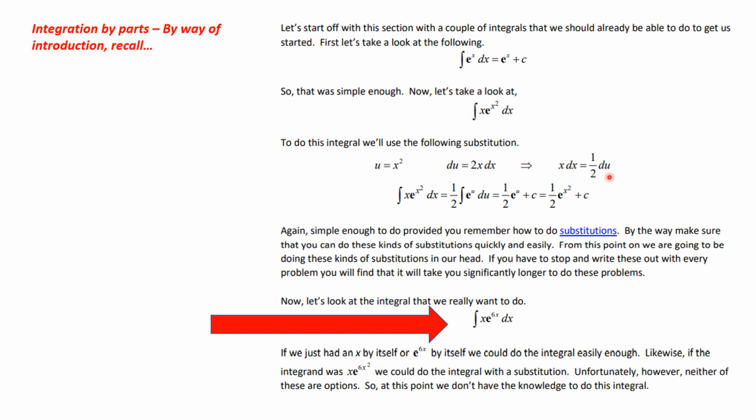So this integral becomes, we can pull the 1/2 out, and we get an integral in u. So this is going to be equal to 1/2 times the integral of e to the u, which is e to the u plus c, and then we reverse the substitution, so this is 1/2 e to the x squared plus c.